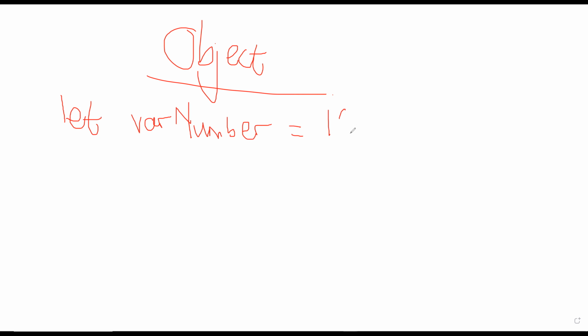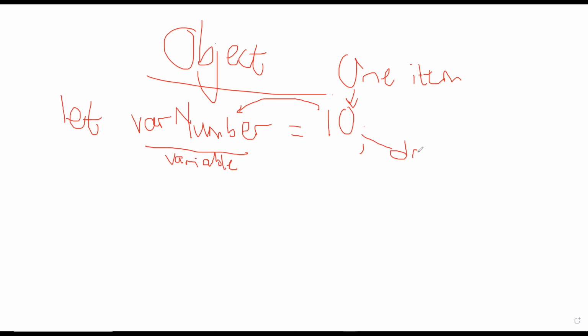I can assign a single item, just one item into this variable. This is a variable, and this is the data. The question is, what type of data is this? It is a number.